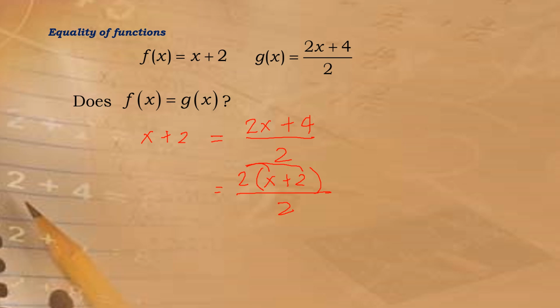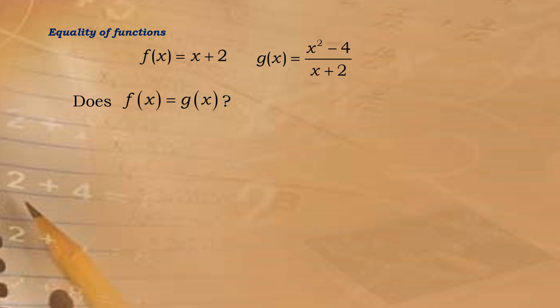Then we can cancel the 2, and this is simply x plus 2. So f of x is equal to g of x. That is how functions can be considered as equal functions.